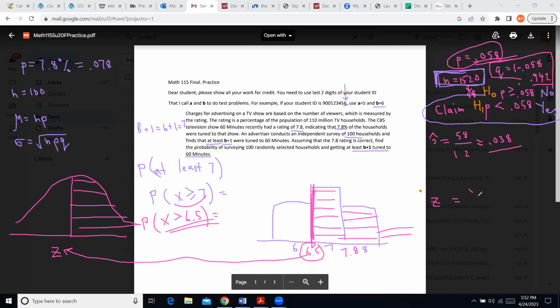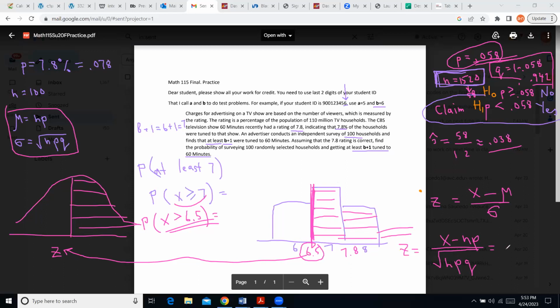And here my mean is NP, as we recall here, right? And the standard deviation is the square root of NPQ. So the z-score formula, as usual, is going to be in use.